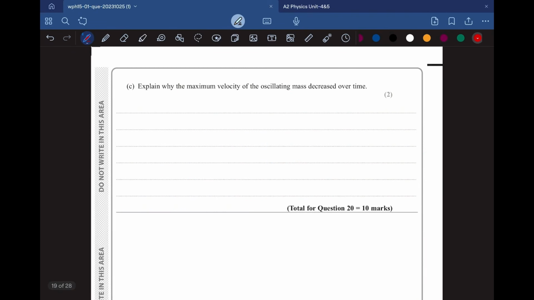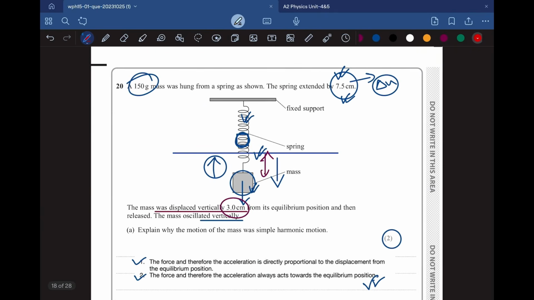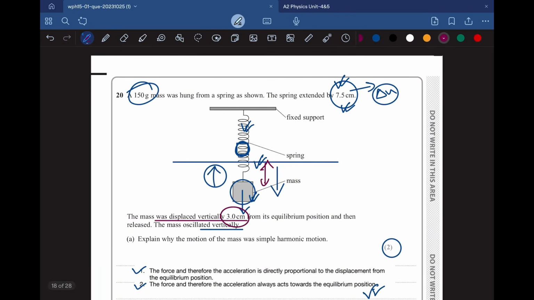Now the next part says: explain why the maximum velocity of the oscillating mass decreases over time. This is a very easy and common question. The reason the maximum velocity is decreasing is because it is doing work when it oscillates. It is doing work against the resistive force. Let's say when it is going down, there is a resistive force acting in the upward direction, air resistance.